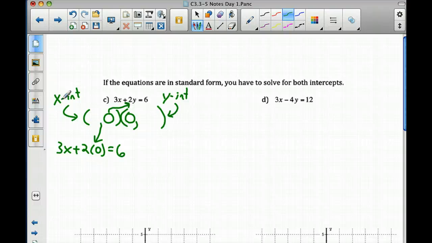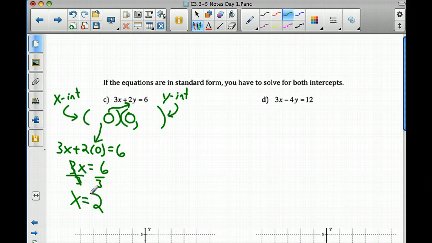This is going to be easy. Let's solve this thing for x. What's 2 times 0? 0. So does everybody agree that 3x equals 6? Divide both sides by 3. Guess what x equals? 2.